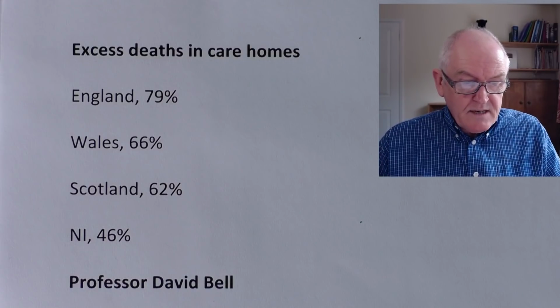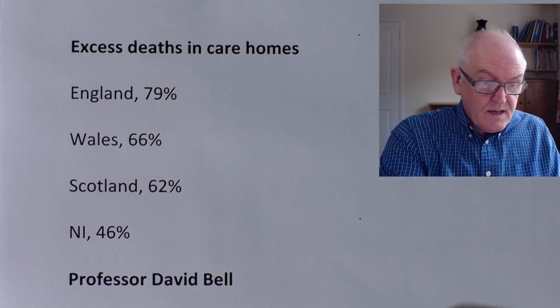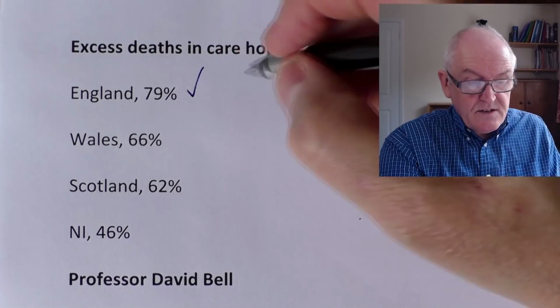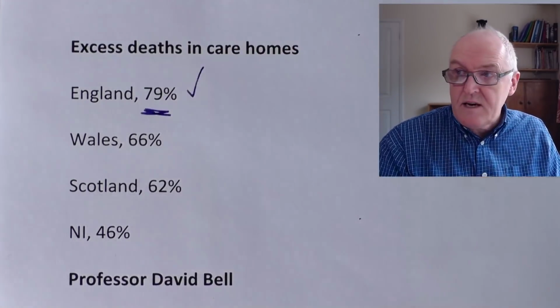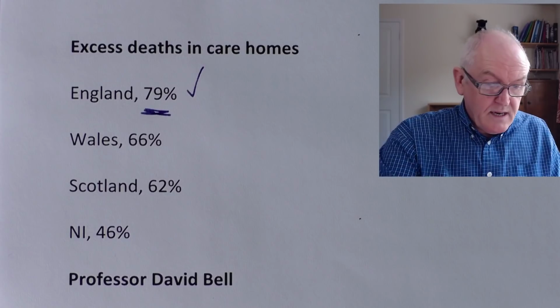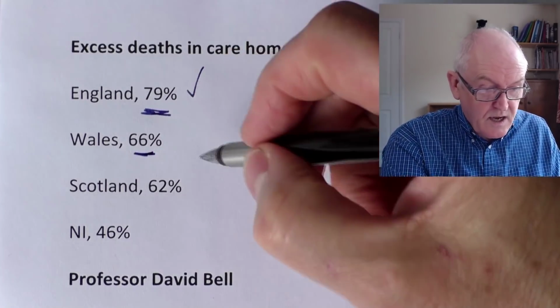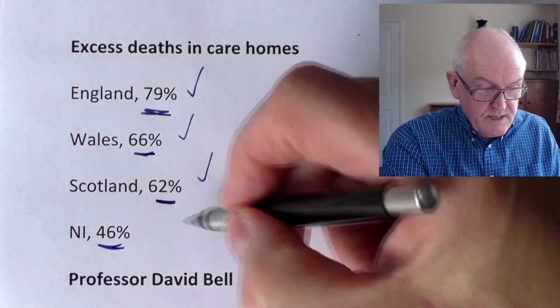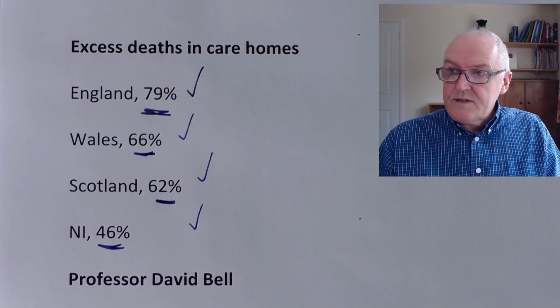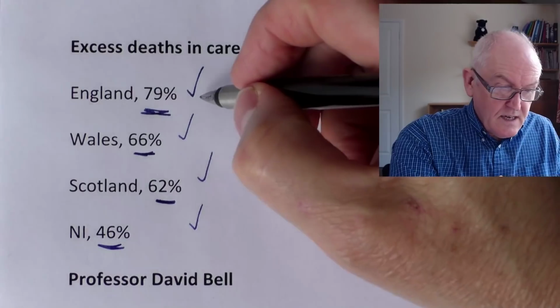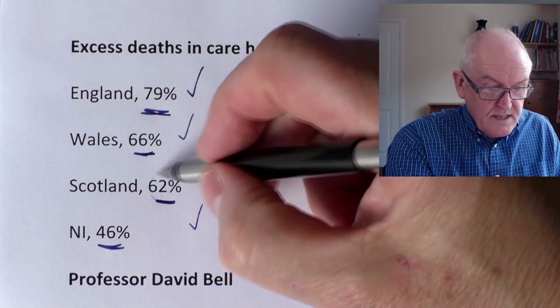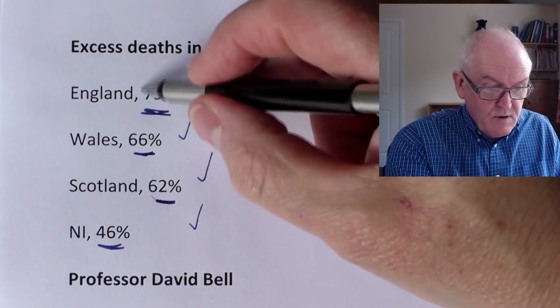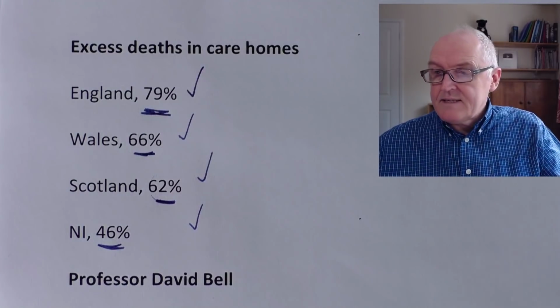So at the height of the pandemic, in care homes, 79% of excess deaths, in other words, deaths were 79% higher than they would normally be in England, 66% higher in Wales, 66% higher in Scotland, only 46% higher in Northern Ireland. So by those figures, we can see that Scotland seems to have more cases diagnosed, but England probably had more deaths in reality.